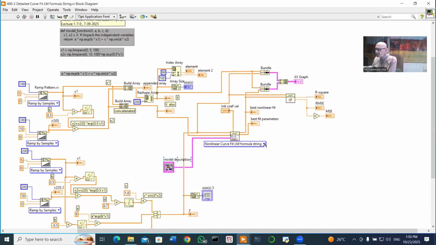This function also could be used by using nonlinear curve fit LM. If you select this option, you will get, of course, an error here. There will be other connections. And there you have to draw or to plot the model function alone as a sub-virtual instrument.